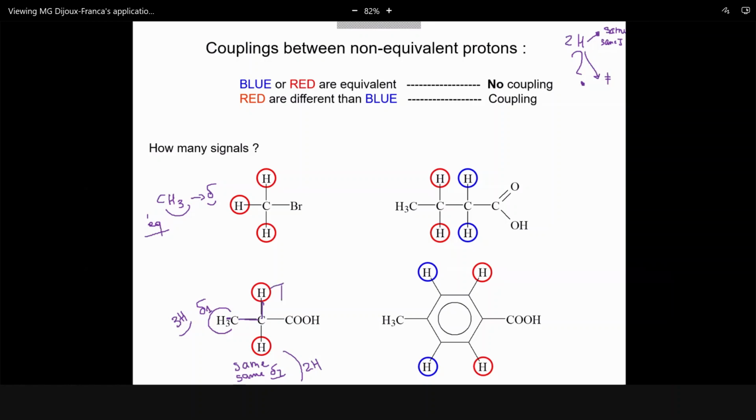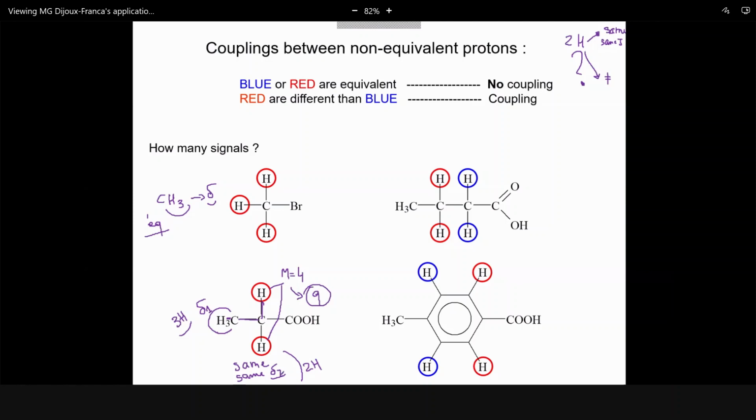Here, for both of them, it's the same signal. They are coupled to 3 protons, so the multiplicity will be 3 plus 1 equal 4. As they are the same here, we'll say that we have a quartet here for this delta 2.